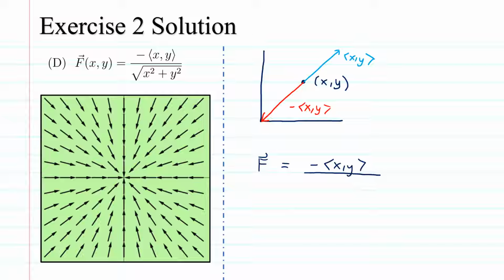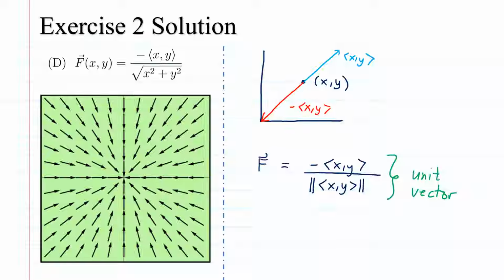Tapos yung denominator na square root of x squared plus y squared. One way of looking at that is, that's the norm of the vector xy. So that, ano nangyayari? Itong given na f natin ay isang unit vector dahil normalized siya.